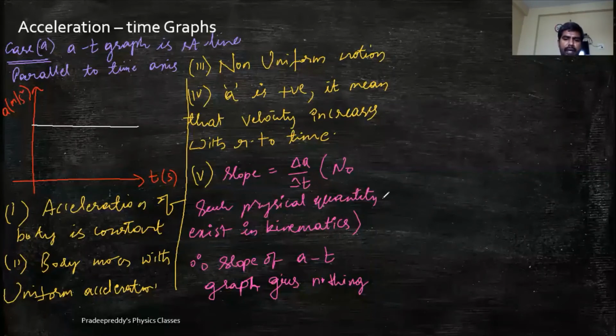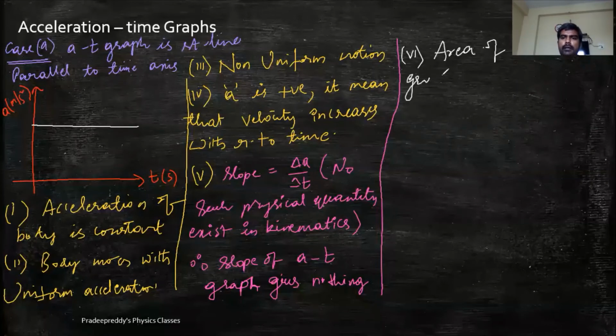Okay, this is 5. And 6th one is that you can calculate area of the graph. In order to calculate area of the graph, this is a rectangle. So area is equal to, along x-axis, time difference, delta t. Along y-axis, acceleration A. So area is A into delta t.